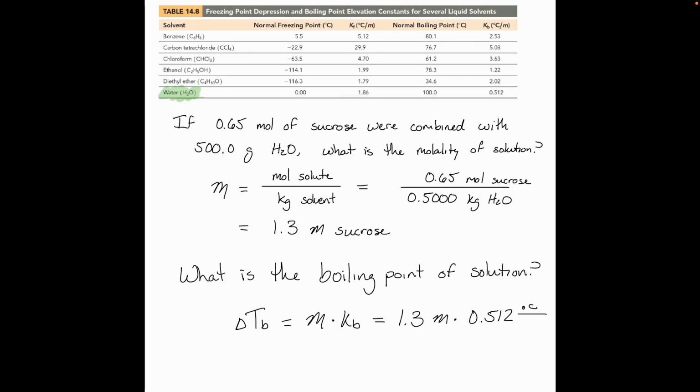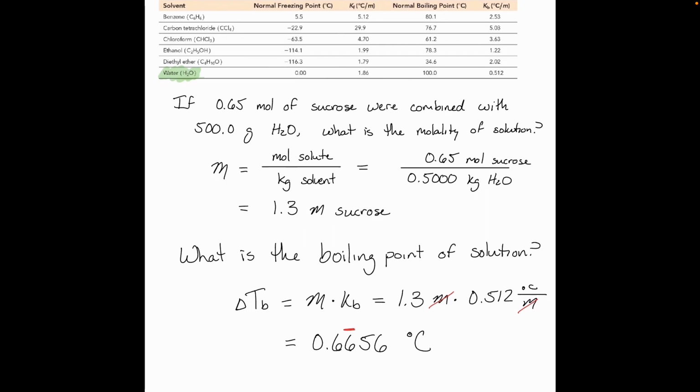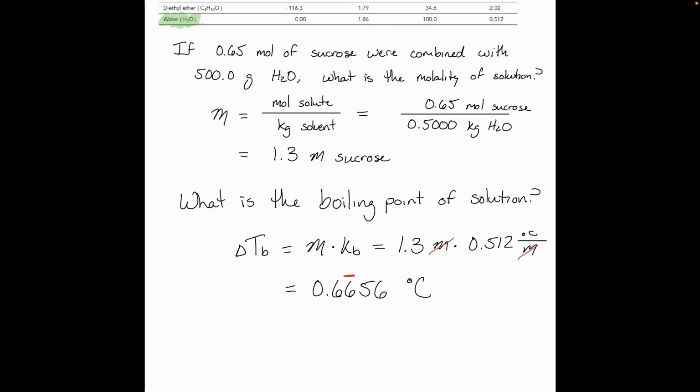Again, the units are degrees Celsius per molal. These cancel out, leaving me with a delta TB of 0.6656 degrees Celsius. Again, I said we could do 2 decimal places. Okay, and then I'm done?